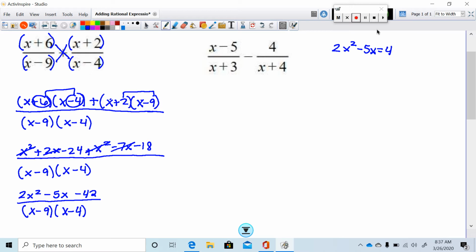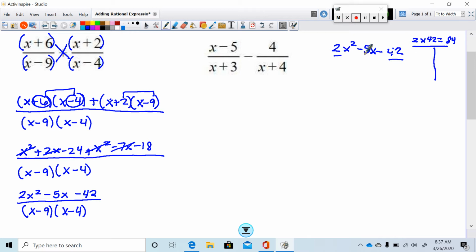I'm sorry, that should be a minus 42, not an equal 42. You take the first and the last number, and like I said, this is the AC method of factoring, and you multiply them. 2 times 42 equals 84.